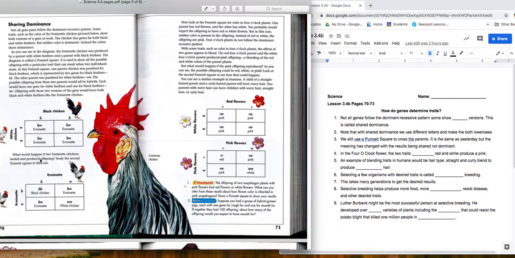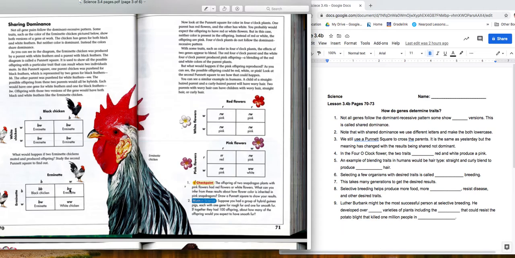Now they say, what would happen if 2 Erminette chickens mated and produced offspring? So guys, if we're going with yesterday, we had purebred dominant and purebred recessive produce 4 hybrids. Now we're going to cross those hybrids, just like we did yesterday, and we're going to get the b and the b go together, so you're back to an all black feathered chicken.